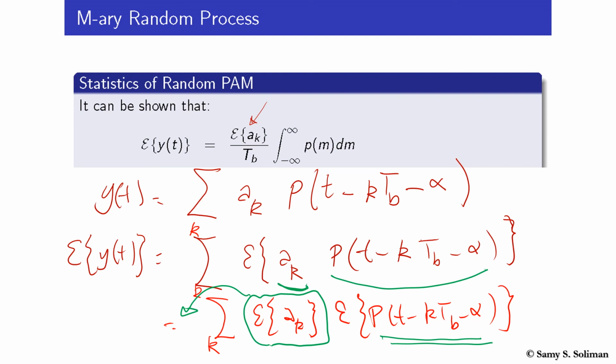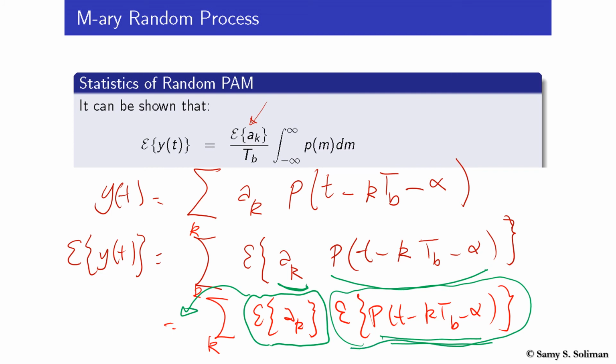After we have excluded the amplitude A_k, all the pulses representing the k-th symbol are all similar. So the expectation is also constant and it can be taken outside the summation without loss of generality. And this expectation is over the random variable alpha.